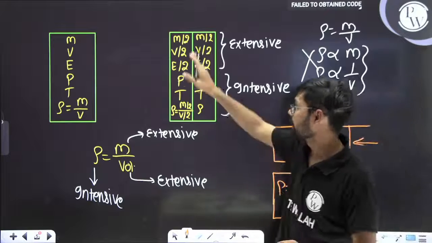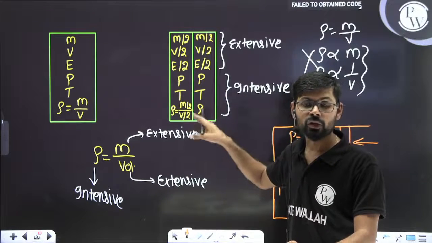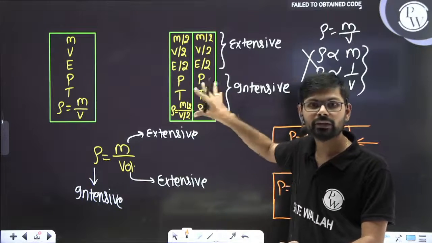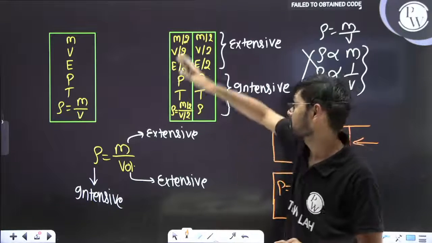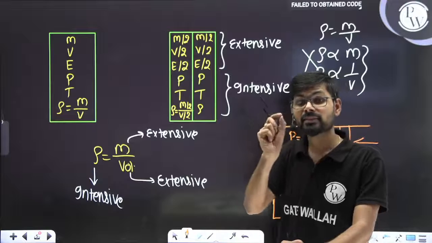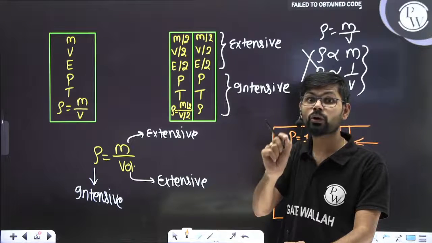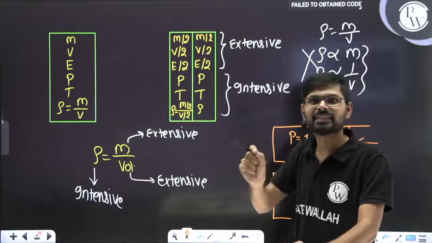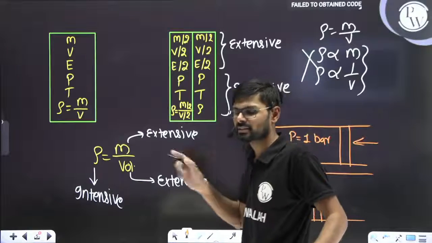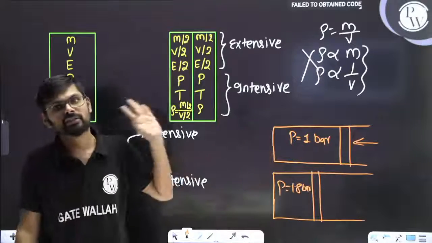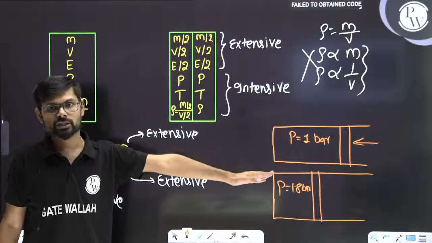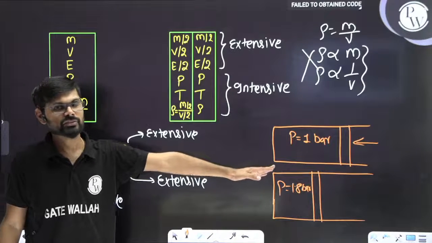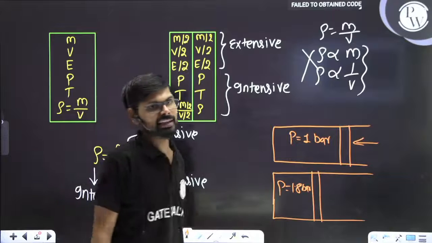Then only this method is valid. Whenever you are dividing the system in two parts, be careful that there should be no work interaction, heat interaction or mass interaction between system and surroundings. Then only this method is correct. Clear? So in this way you cannot judge whether it is an intensive property or extensive property.